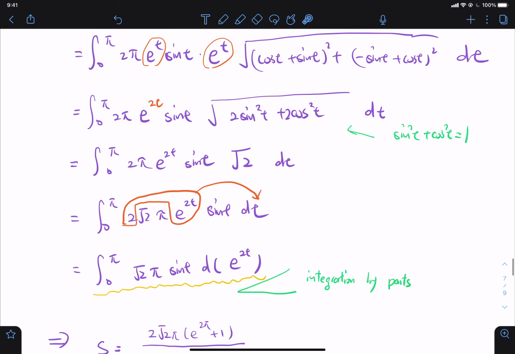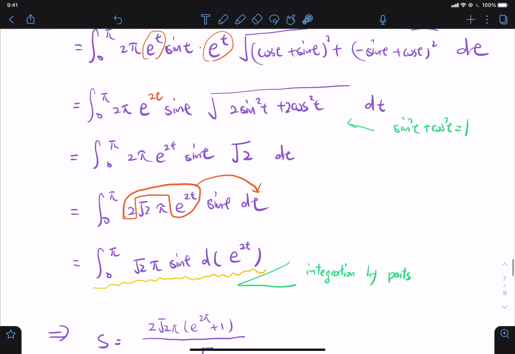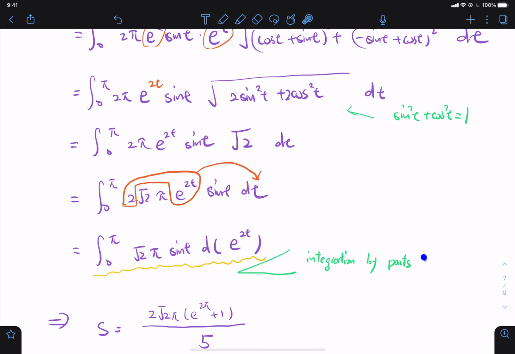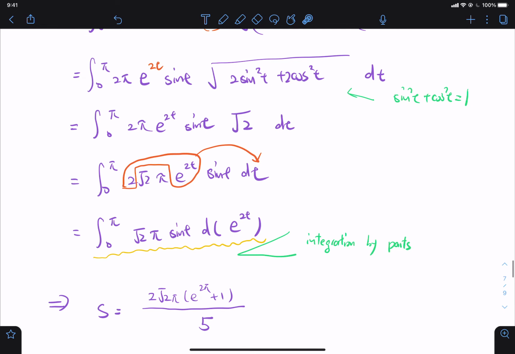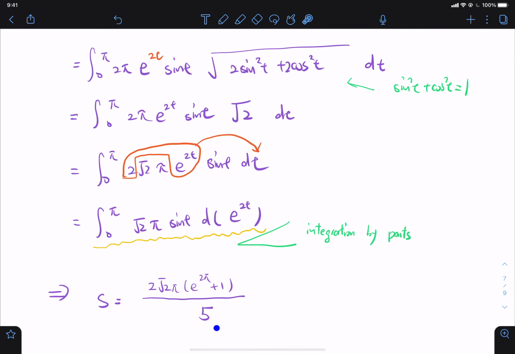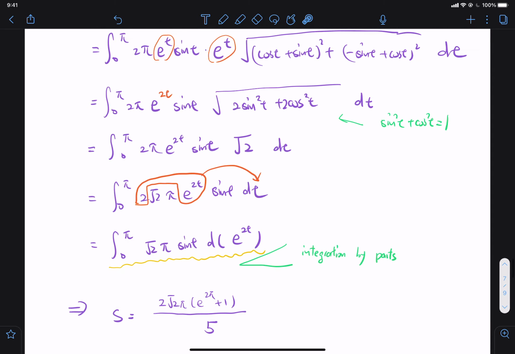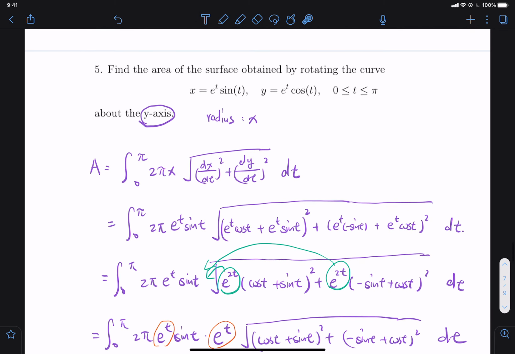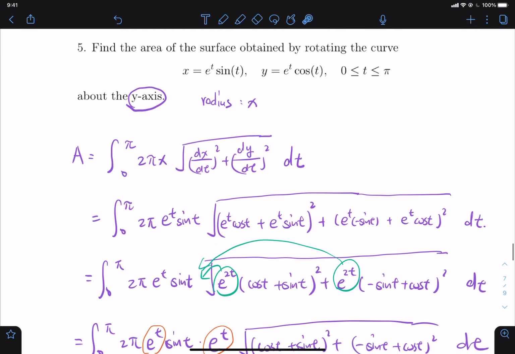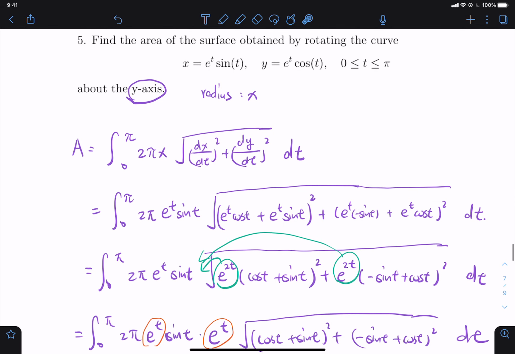Okay, and we're gonna switch the position of the function, right? And by integration by parts, that is not hard, and we will figure out the integral. That is 2 square root of 2 pi times this over 5. Okay, so that is also not super complicated except for some of the computation here.